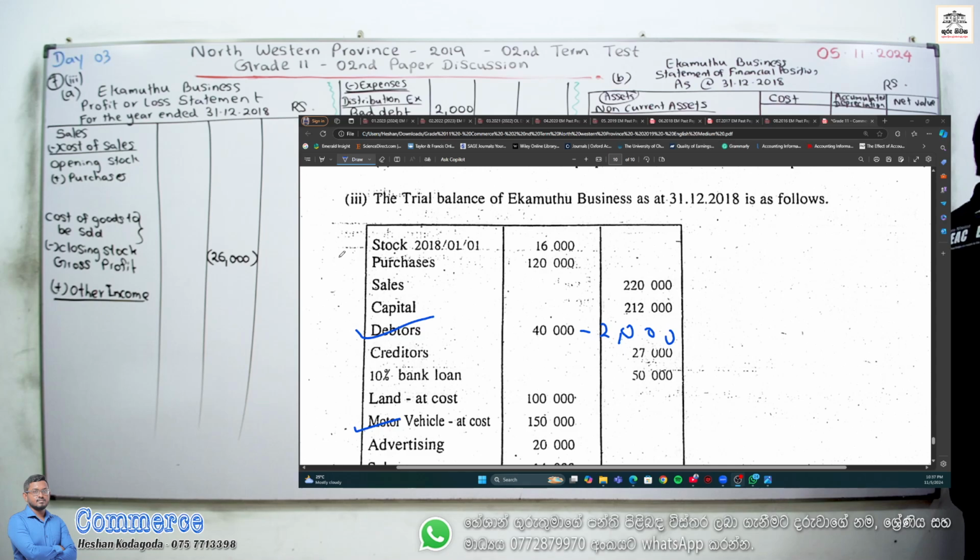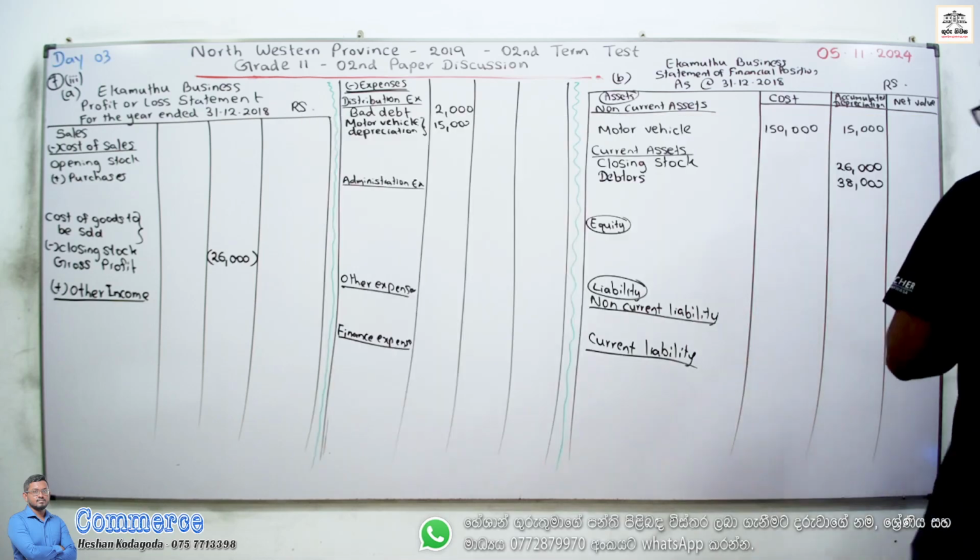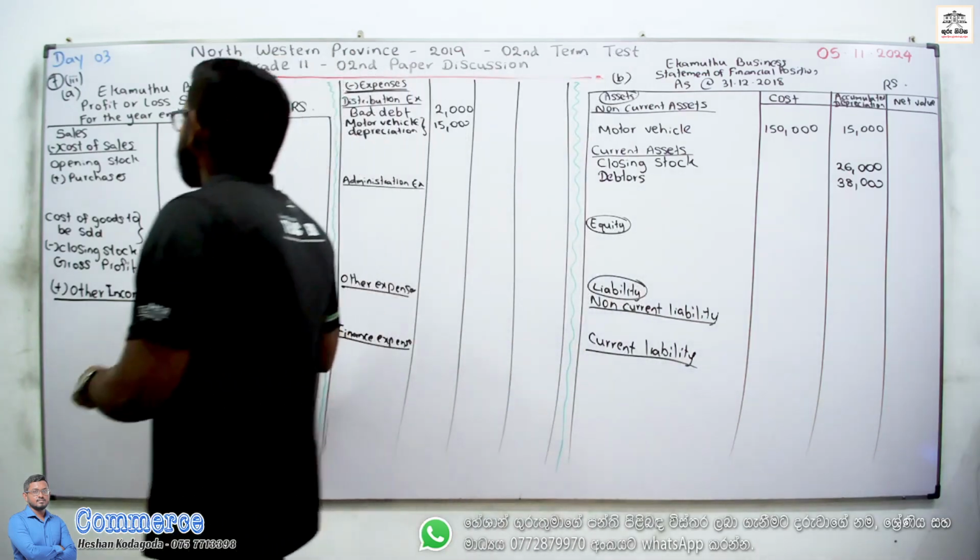Adjustments done. Now let's take things not subject to the adjustment. Opening stock as at January 1st, 16,000. So write opening stock 16,000 in here.